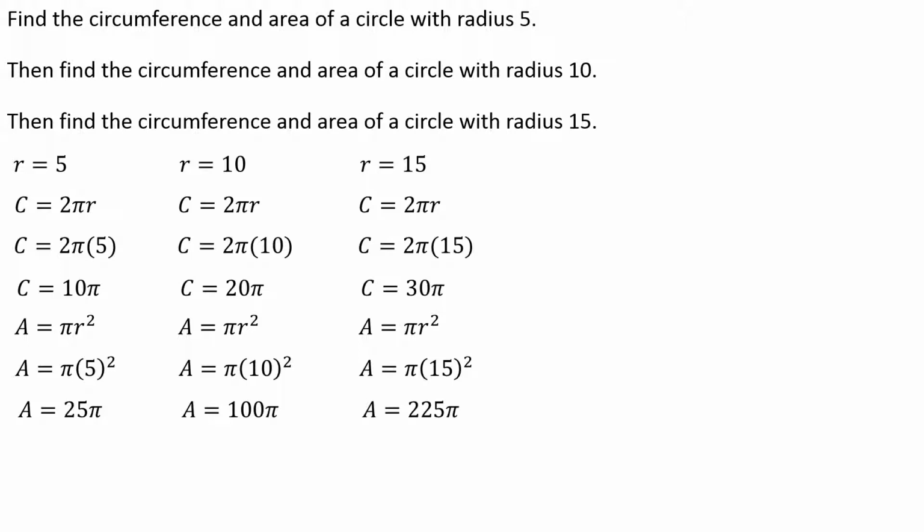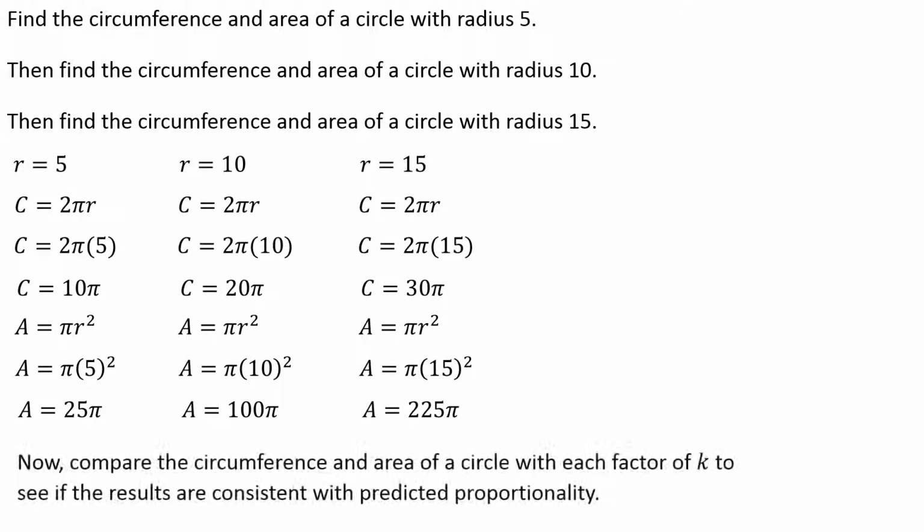So that's how we had been finding circumference and area. Now, let's look at if the explanation on the previous slide is true. So we've got our original radius of 5. But to get a radius of 10, we multiplied by 2. To get a radius of 15, we multiplied by 3.